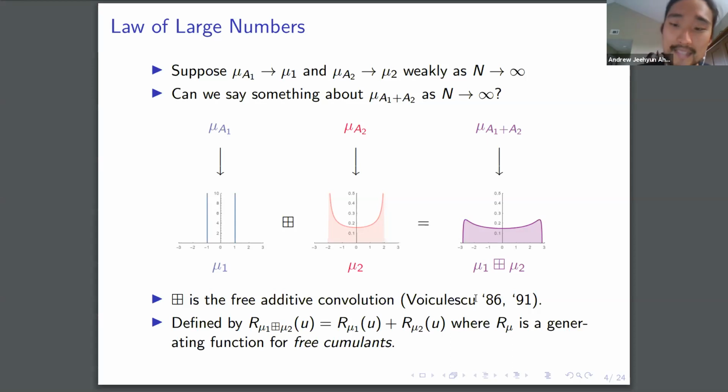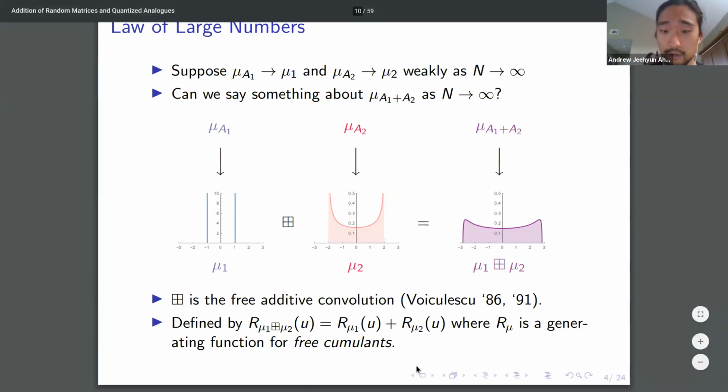I'm not going to define exactly what this free additive convolution is, but one way you can define it, and you can look into the details if you're interested, is there's a notion of free cumulants. These are analogous to the cumulants that appear in classical probability. You can consider a generating function for the free cumulants.